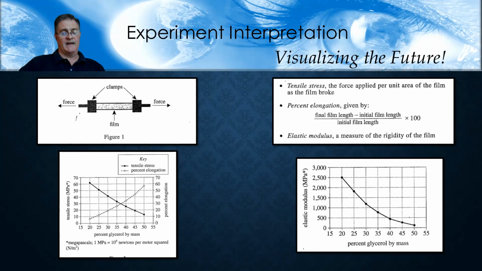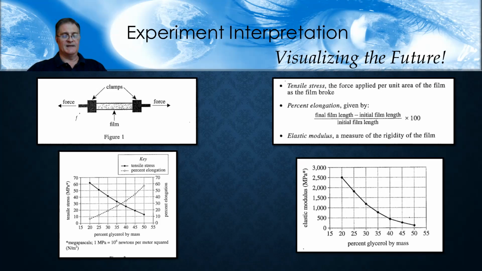Now, the x-axis tells us what we're varying in the experiment. We are varying percent glycerol. So glycerol has just been identified as the chemical component within the film that permits it to stretch, because look at the scale on the x-axis.